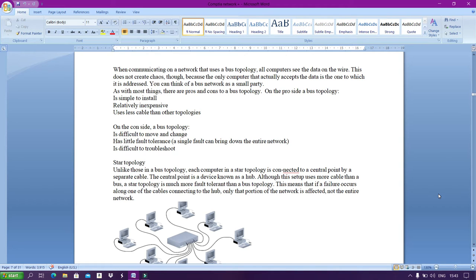On the pro side, a bus topology is simple to install, relatively inexpensive, and uses less cable than other topologies. On the con side, a bus topology is difficult to move and change, and has little fault tolerance. A single fault can bring down the entire network. It is difficult to troubleshoot.